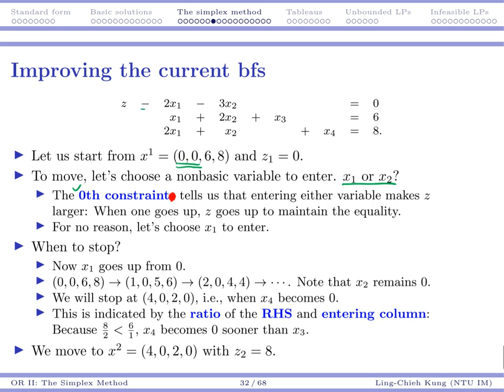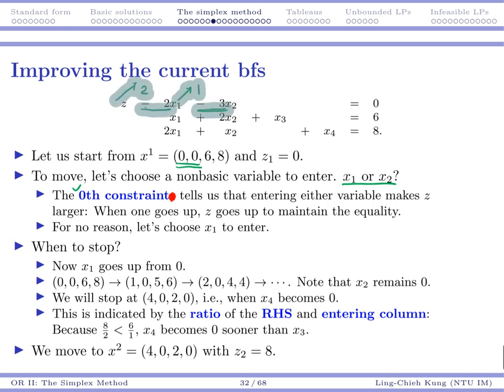So you do see this -2 here. What does that mean? That means if x1 is increased by 1, z must be increased by 2 so that the equality still holds. Similarly, if you see this -3, you understand that if you increase x2 by 1, you are going to increase z by 3 so that the equality still holds.